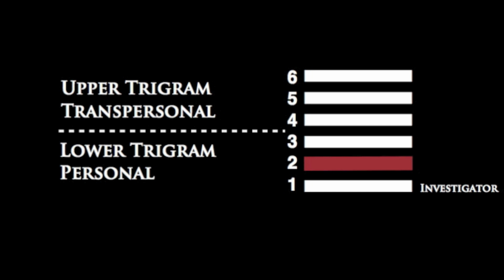But when you move to the second line, it's interesting because the second line rests upon that, which means the second line has to do with being a natural. It's the first floor of the house where a person sort of comfortably just lives.